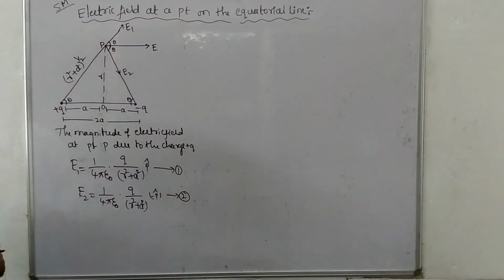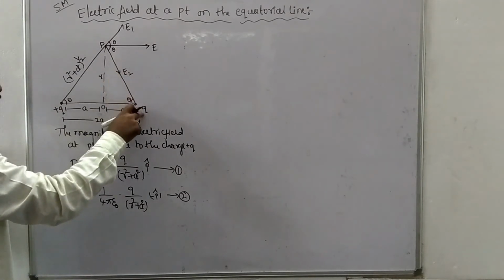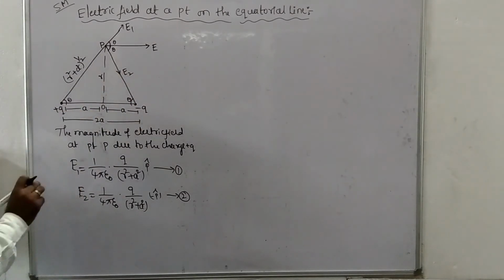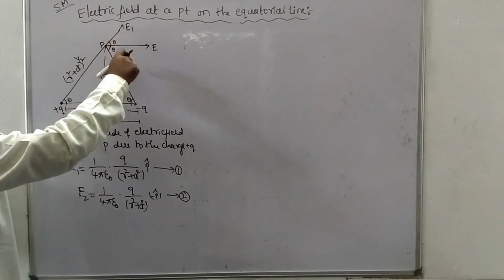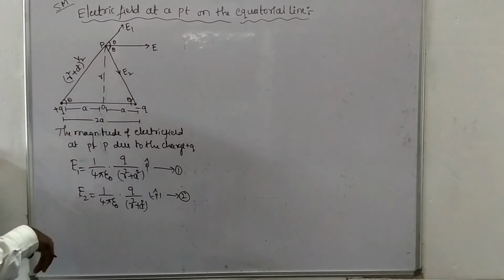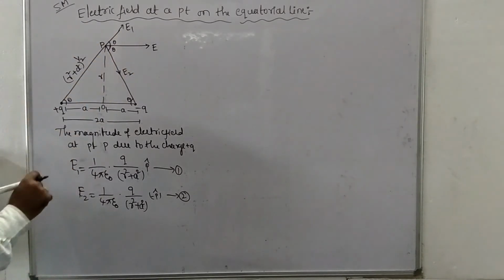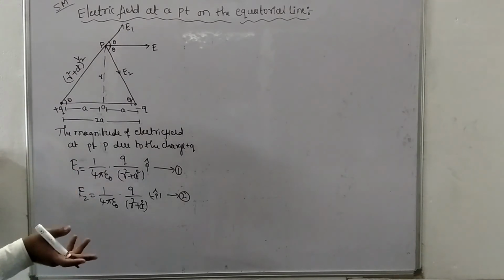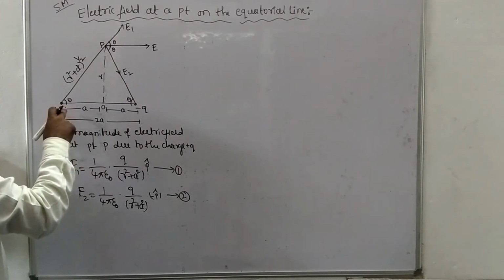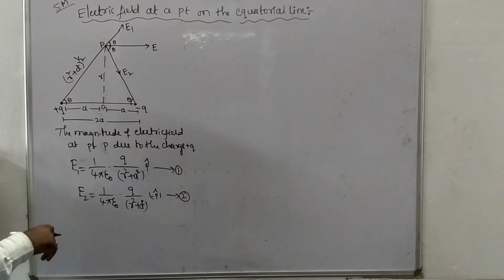Now the direction of E1 and E2. The direction of E1 is away from the charge plus Q. The direction of E2 is towards the charge minus Q, isn't it? So E1 and E2 can be resolved into two components, parallel and perpendicular to the dipole axis. E1 sin theta and E2 sin theta are perpendicular to the dipole axis, hence they cancel each other. The components E1 cos theta and E2 cos theta are parallel to the dipole axis, hence they add up.